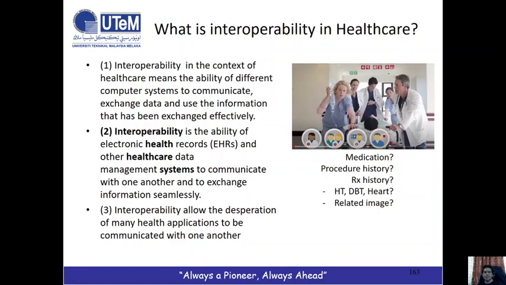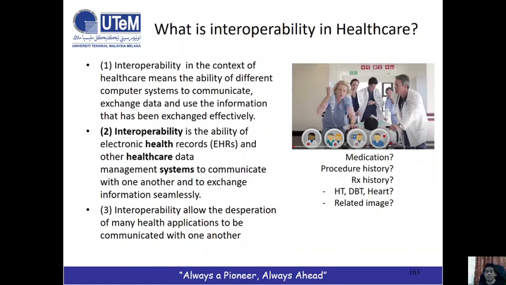Okay, so what is interoperability in healthcare? I think you understand now why we need interoperability and why we are concerned about interoperability in healthcare information systems in the healthcare industry. Yeah.